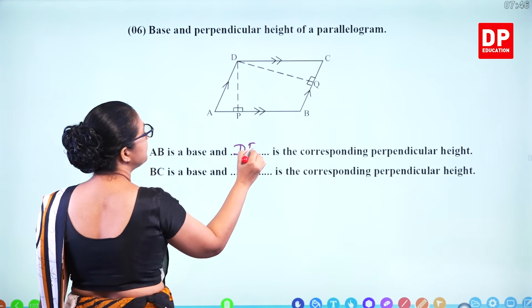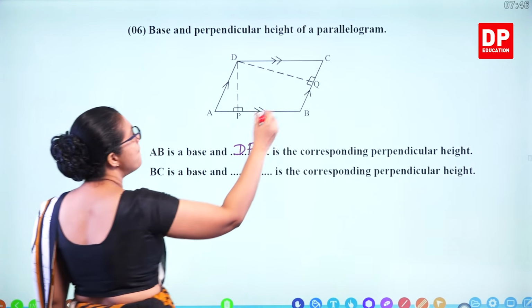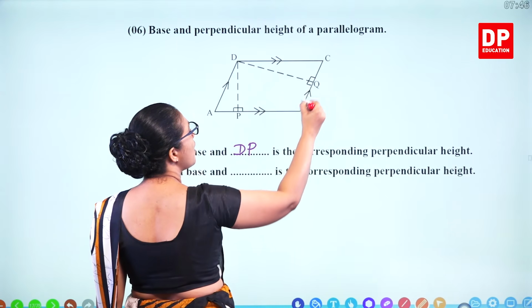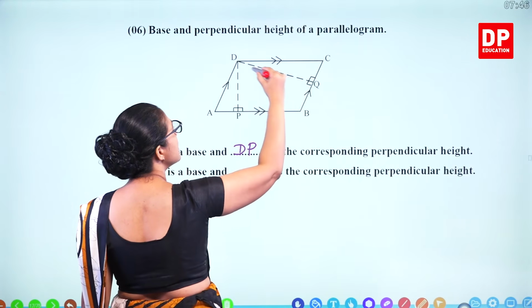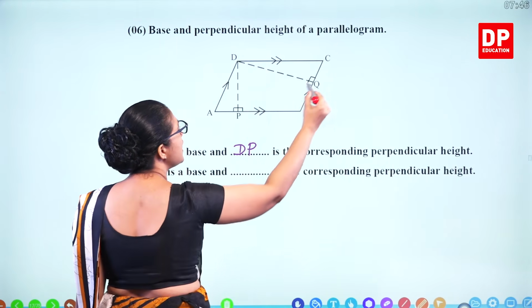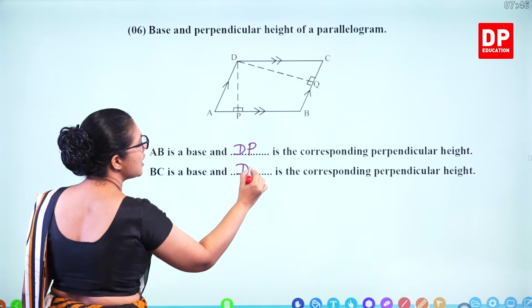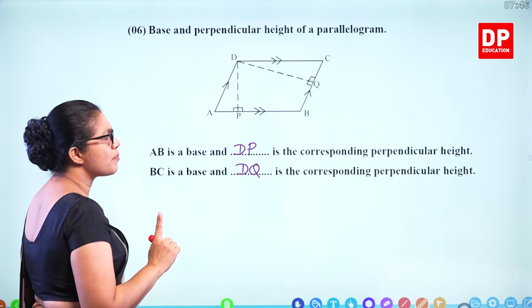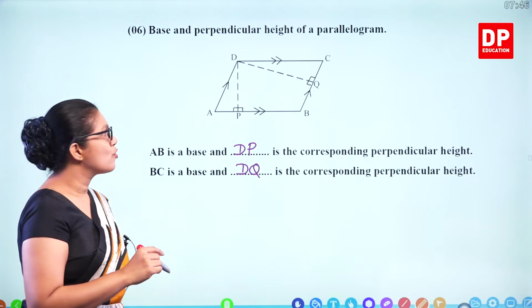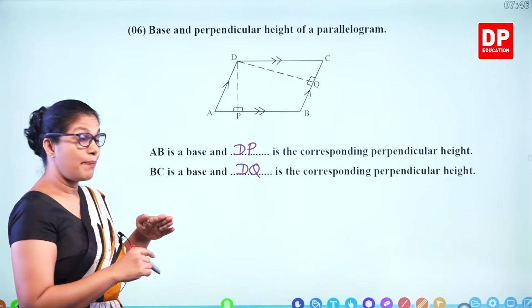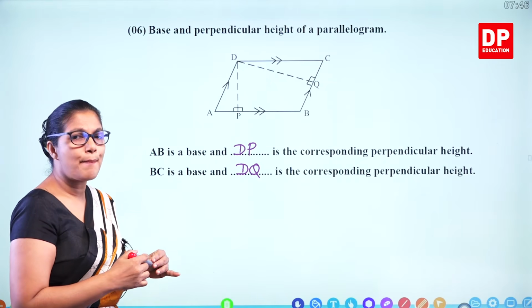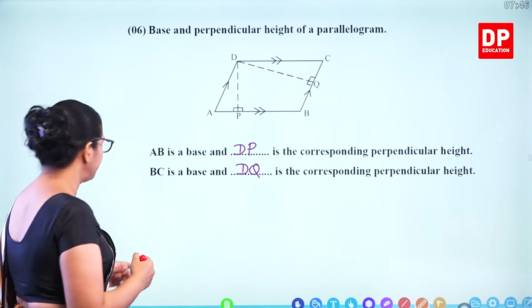If BC is the base, what's the perpendicular height to that? DQ is the corresponding perpendicular height. So you need to know what's the base and the relevant perpendicular height.